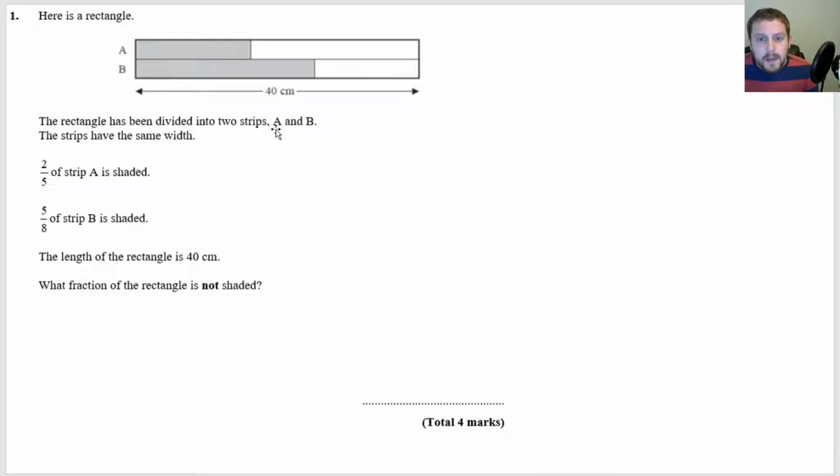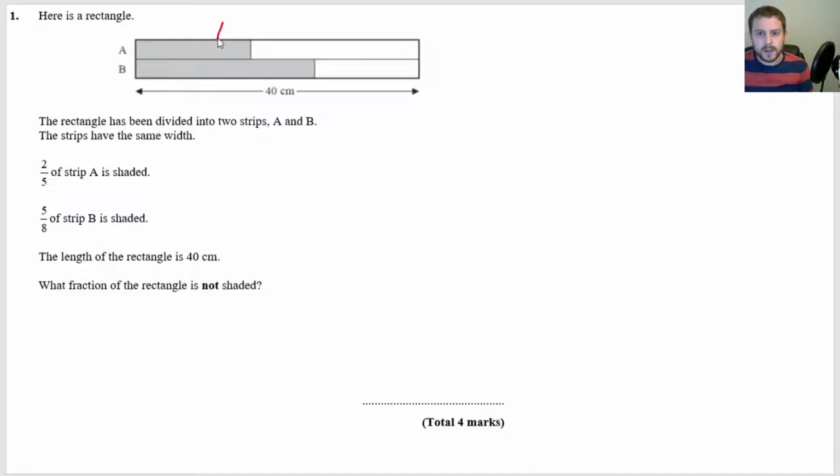It says that A and B have the same width, which means that if both A and B were 2, or 7, or 100, it's just going to stretch it up and down. The overall proportion will be the same. So you might as well pretend that A and B are just 1.